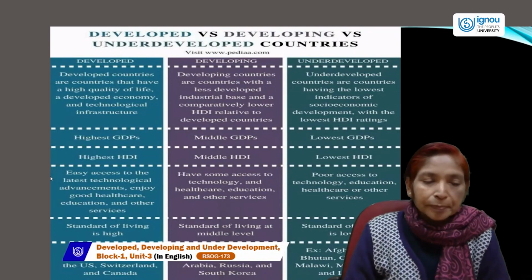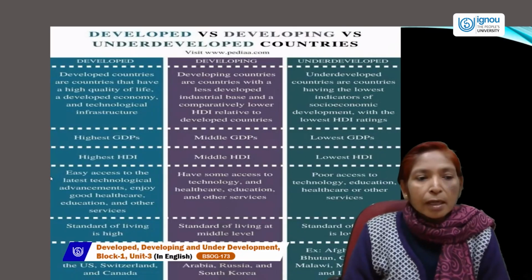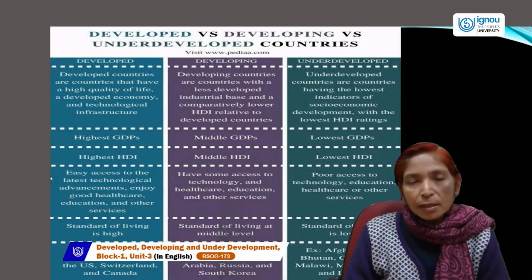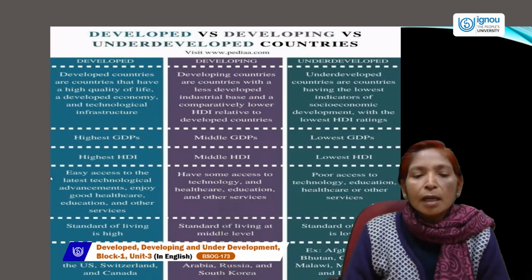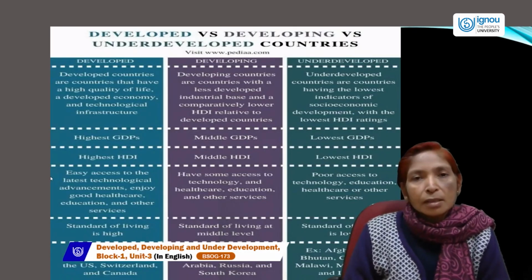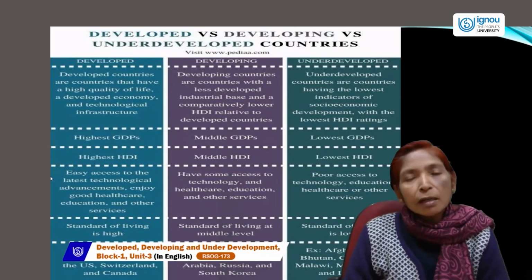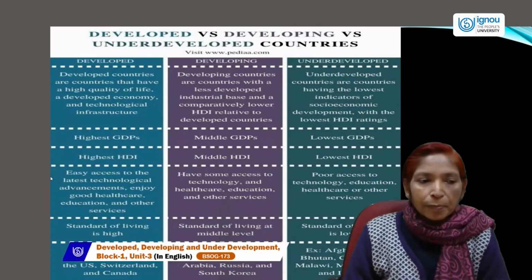But developing countries have some access to technology, healthcare, education, and other services, not too much. And in underdeveloped countries the situation is reversed: there is poor access to technology, education, healthcare, or other services.